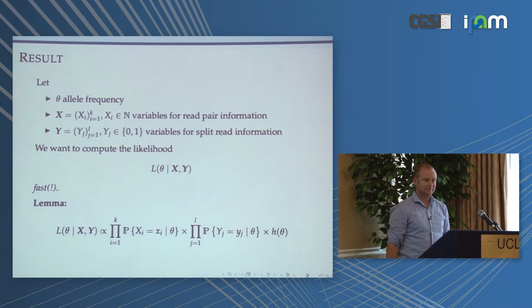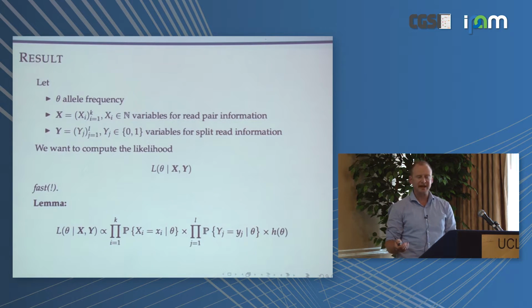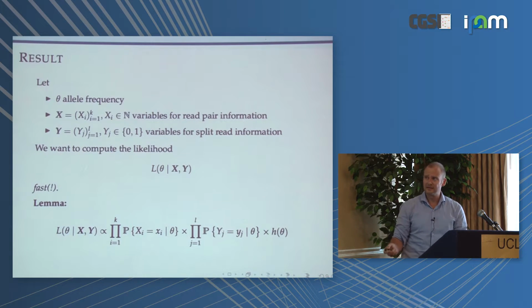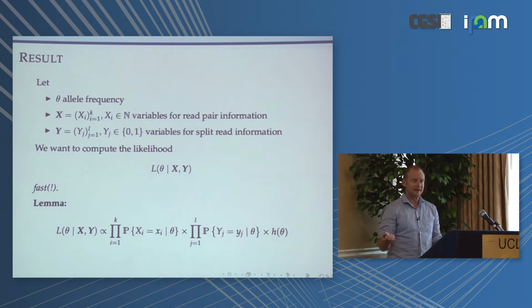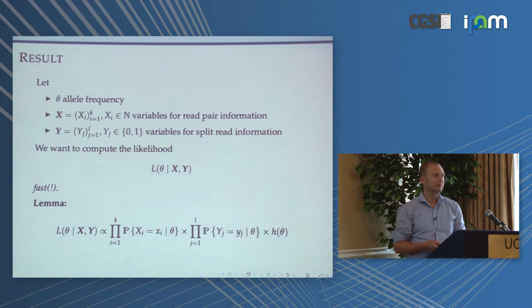Okay, so we wanted to compute this really fast. I keep repeating this. So we have the following lemma. We have the allele frequency, the variables for read pair information and alignment length, and the binary 0, 1 variables for split read information, and we'd like to compute the likelihood of theta given all the split read data and the paired read pair data.